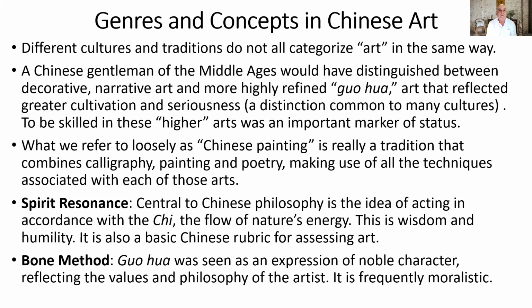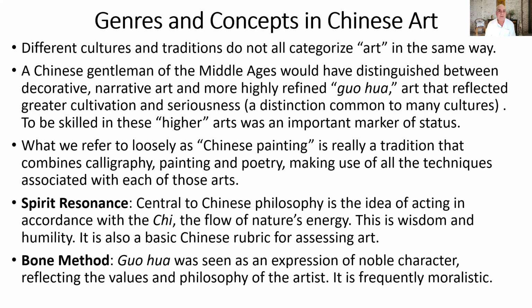And we'll see this also when we look at Zen in Japan later. Really the thing there is spontaneous, but spontaneous based on many, many hours and even years of practice, including copying masters, in order to develop muscle memory, the same way a master violinist develops muscle memory, and that's what a master calligrapher has.